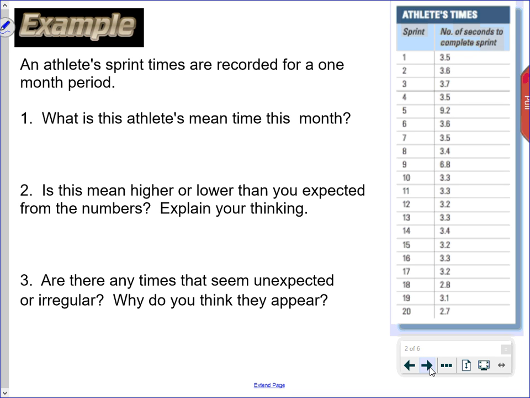So for the mean, we want to add all of the times together and then divide by how many there are. When we add these together, we end up with 75.6.